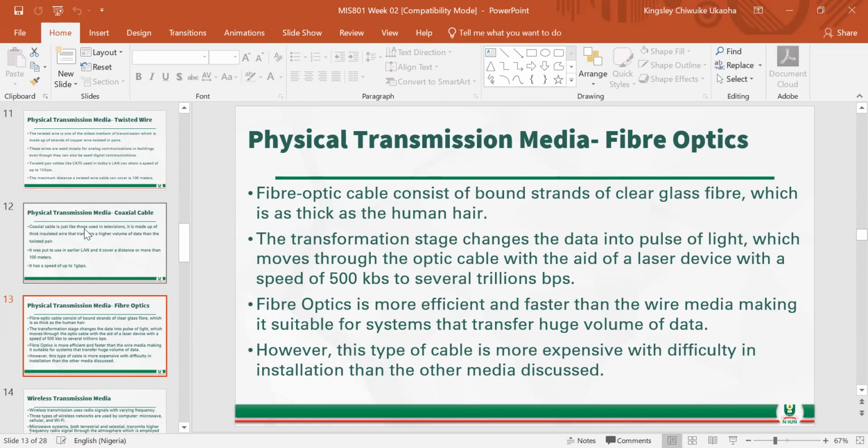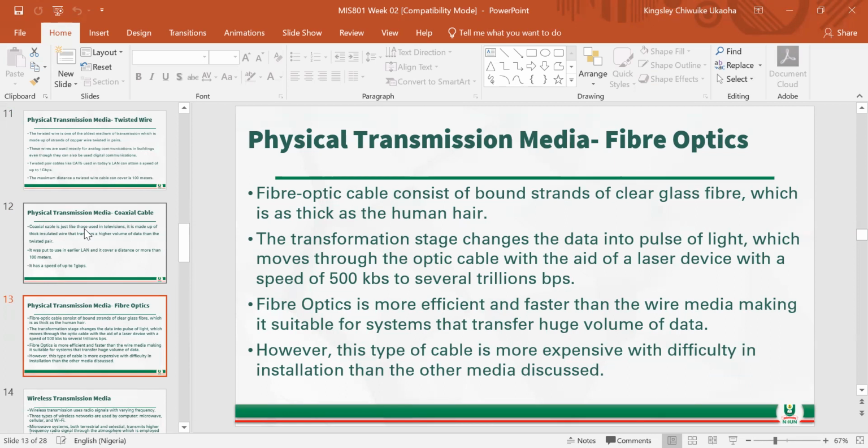In fact, the one that is more desirable than the others now is fiber optics. Fiber optic cable consists of bound strands of clear glass fiber. The wires inside are as thick as the human hair. If you can remove a strand of human hair, that is what a fiber optic cable looks like. At the transmission stage, it changes the data into pulses of light, which move through the optic cable with the aid of a laser device, with a speed of 500 kilobits per second to several trillion bits per second.